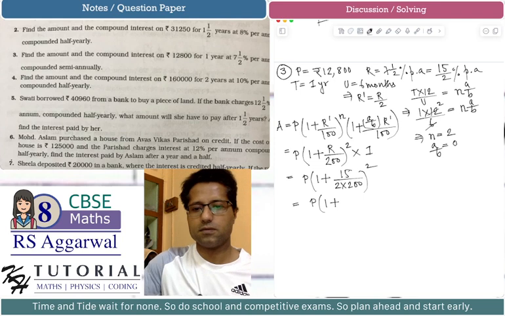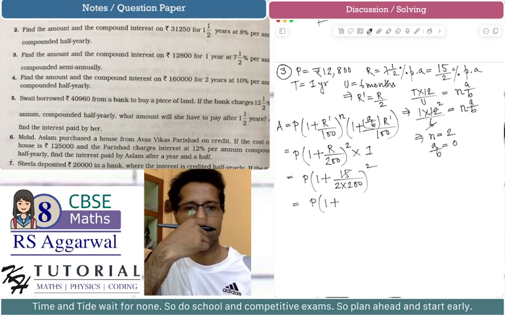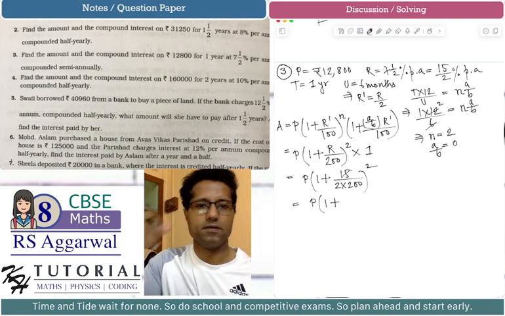So this is 15 by 2, compounded semi-annually. Semi means half yearly, 6 months, and T is 1 year.